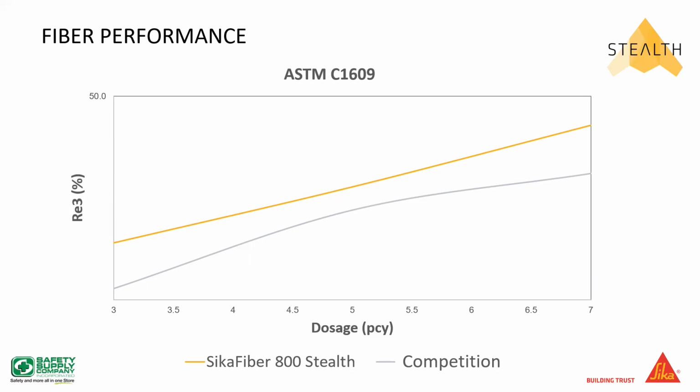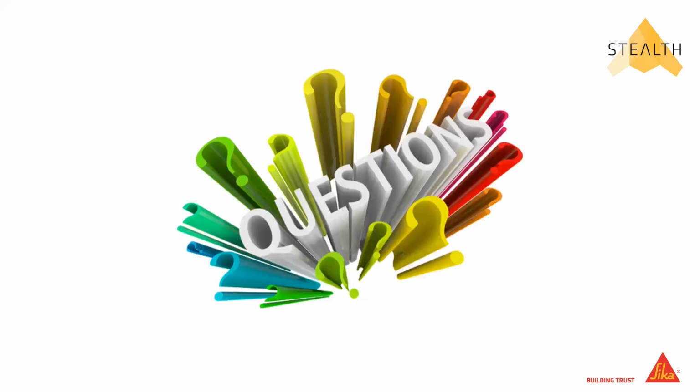So the SikaFiber 800 Stealth is an awesome product, and if you're looking to use a macro fiber, that's the product we want to provide you, because it will stand out above the rest.